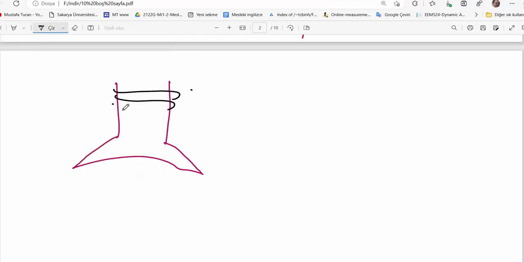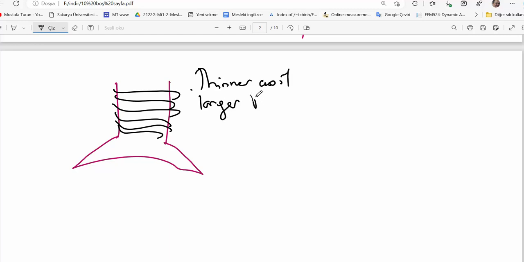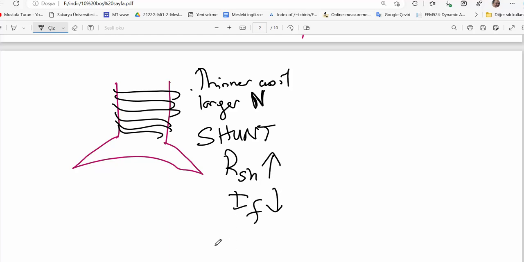Let's say that is a thinner coil, with a larger number of turns. That is shunt, because it needs high resistance to draw a smaller field current.